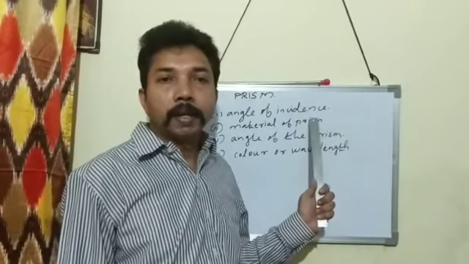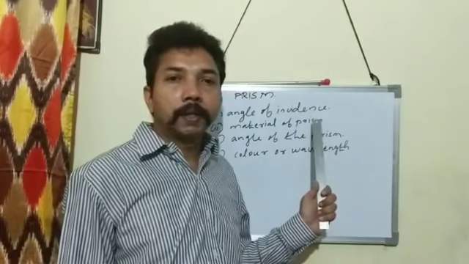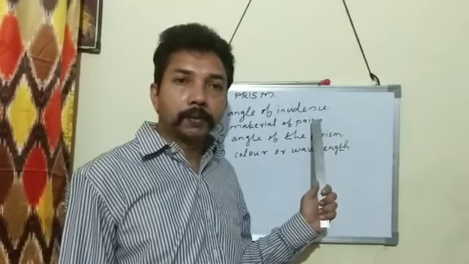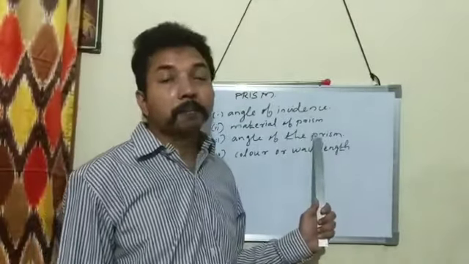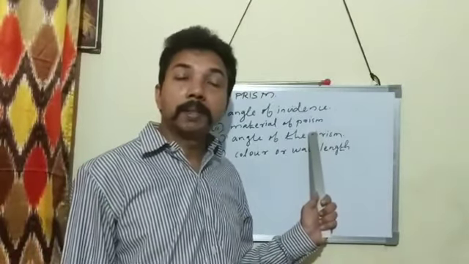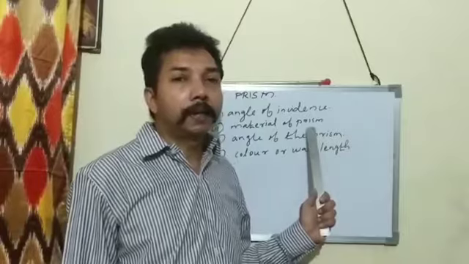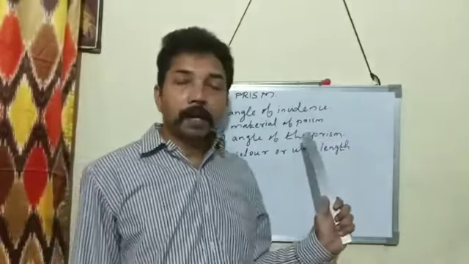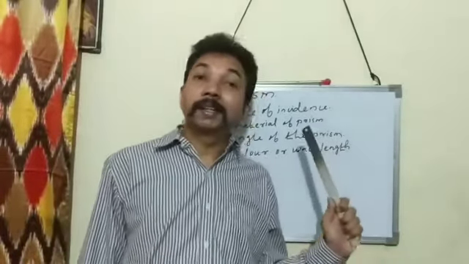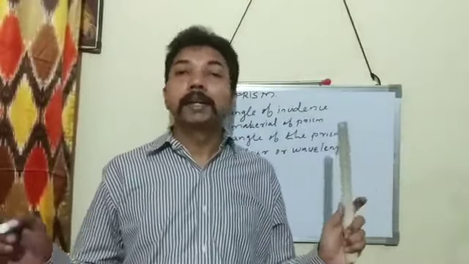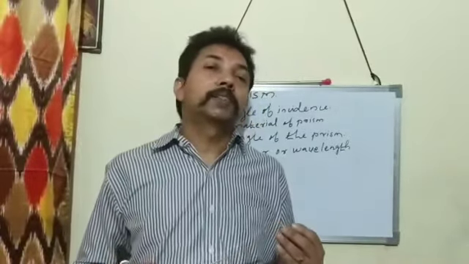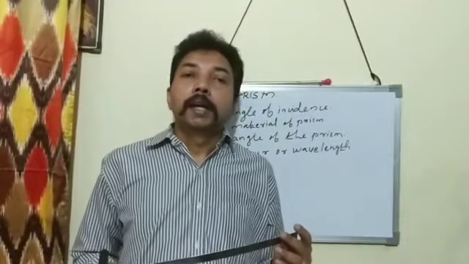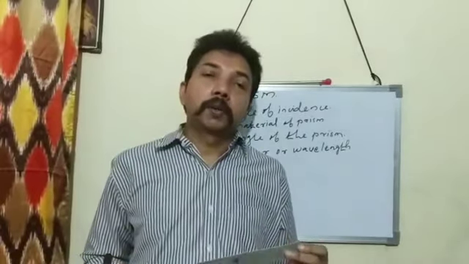Greater the refractive index, greater is the angle of deviation. Greater the angle of the prism, greater is the angle of deviation. Then color or wavelength of light: greater the wavelength of light, less is the deviation. So these are the factors affecting the angle of deviation of a prism.